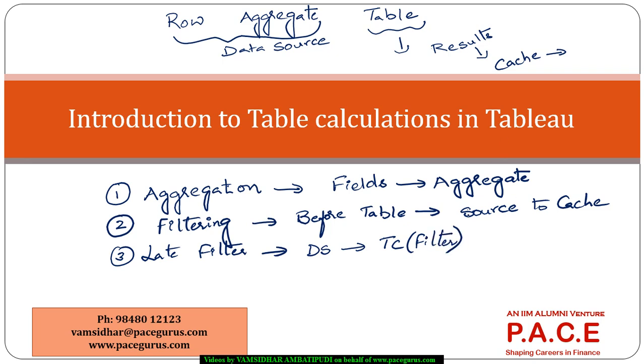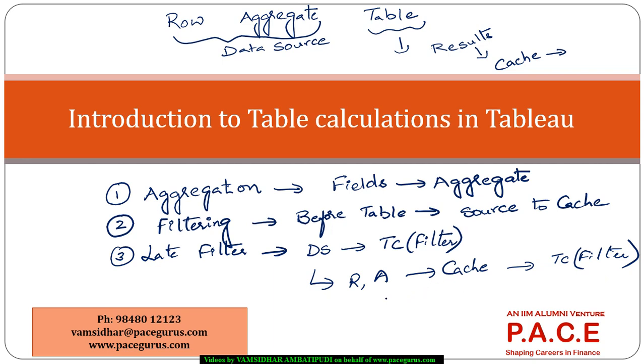When the table calculation is used as a filter, the row level and aggregate level calculations happen first. Now that aggregated data is coming to the cache, and once the data comes to the cache, the table calculation is applied as a filter. So that effectively hides the data from the view.